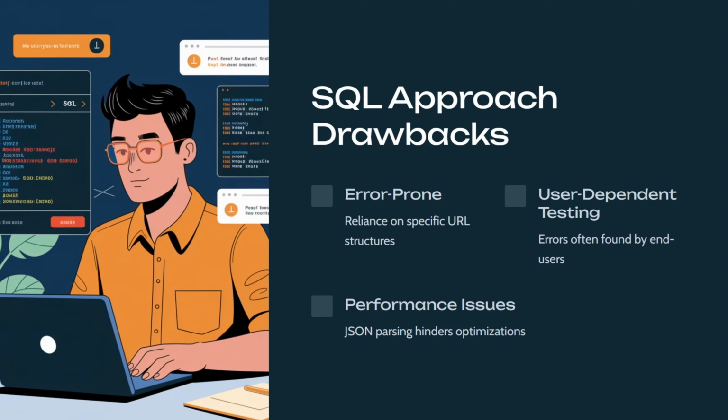One misplaced comma and the whole thing goes sideways. And who's gonna find those errors? Probably your users. And let's just say they won't be sending you a thank you note. Plus, all this JSON parsing throws a wrench in Azure Synapse's performance optimizations. It's like having a Ferrari, but only driving it in first gear.